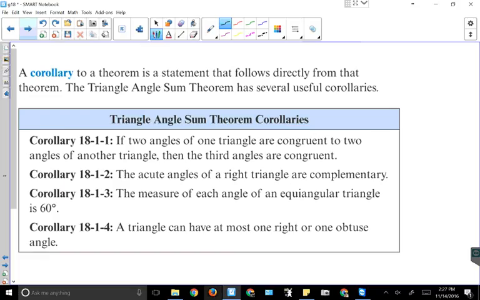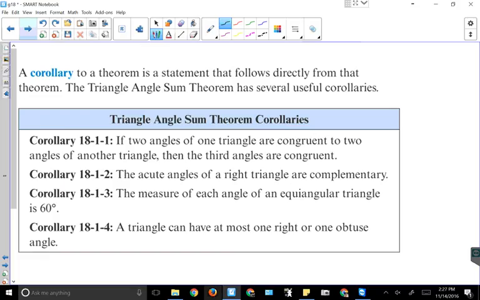Now these corollaries just really extend out what the theorem is, as well as identify other implications of the statement. Like, if two angles of one triangle are congruent to two angles of another, the third angles are congruent. That's transitivity. The acute angles of a right triangle are complementary.